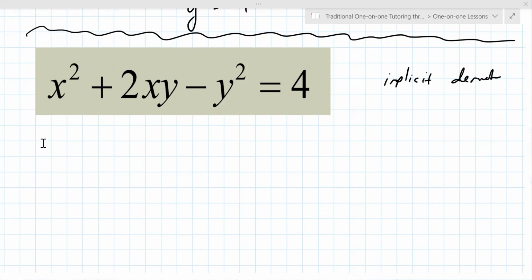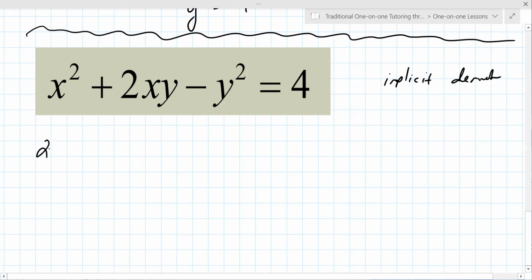So let me know when you get that first line down. Okay. All right, let's see here.